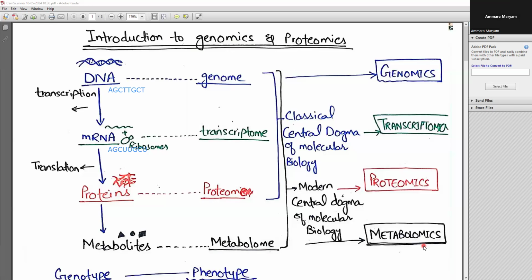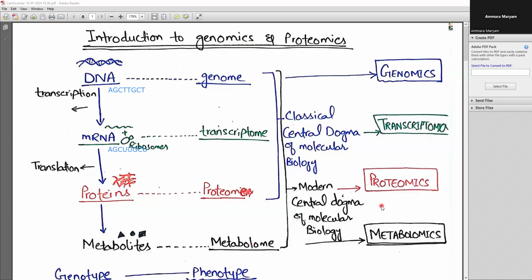In the modern central dogma, the metabolome is involved. According to the classical central dogma, the flow of information is from the genome to transcriptome to the proteome. In the modern central dogma, it is genome to transcriptome, then proteome to metabolome.